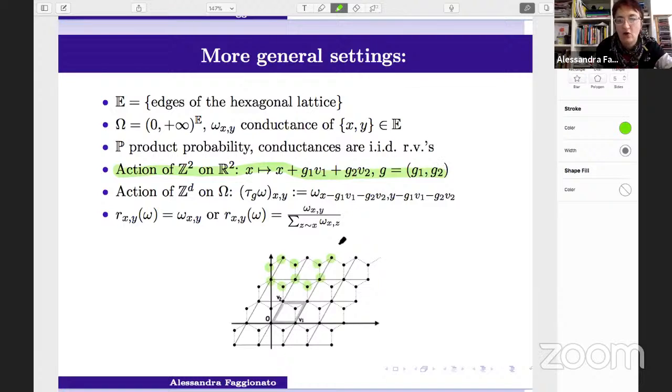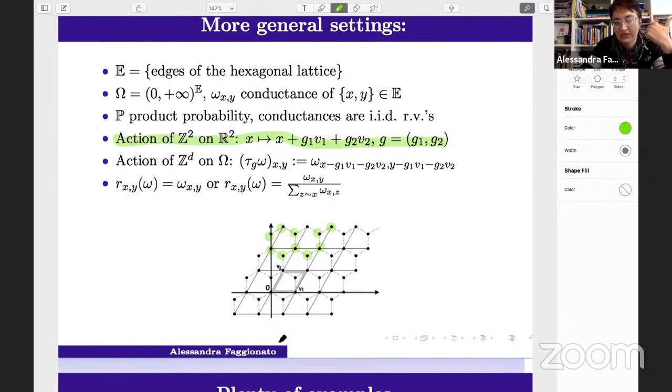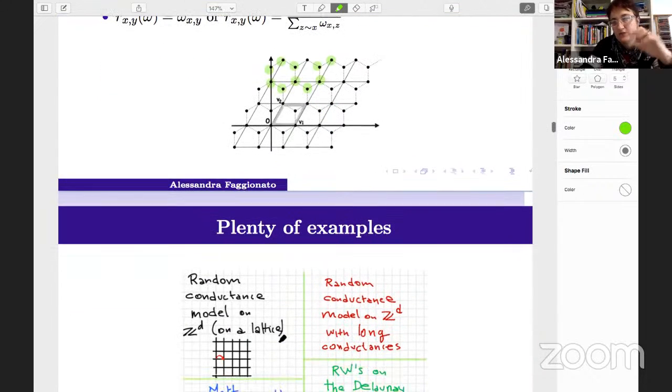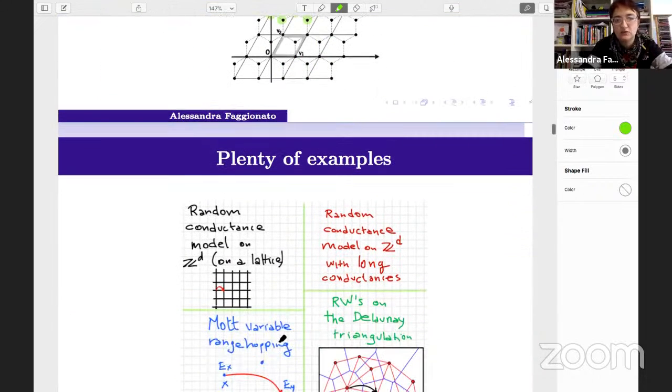If your element g of Z^2 is (g1, g2), these are the two coordinates, then you translate by multiples of the fundamental basis of this lattice. Okay, I don't enter into the detail. In order to simplify the notation here, I will restrict to the previous assumptions, but when dealing with lattices, you can also extend the assumptions.